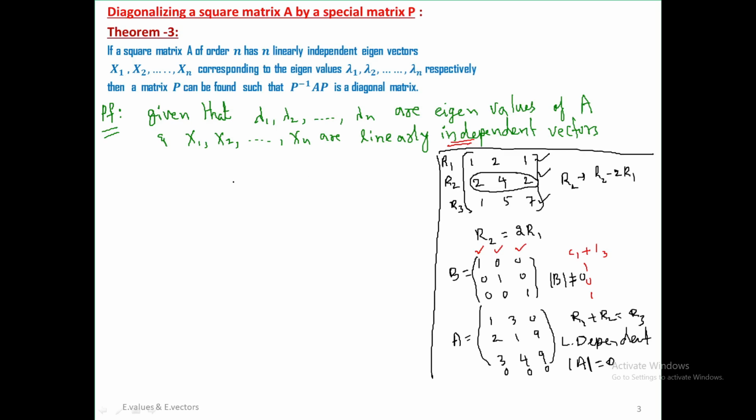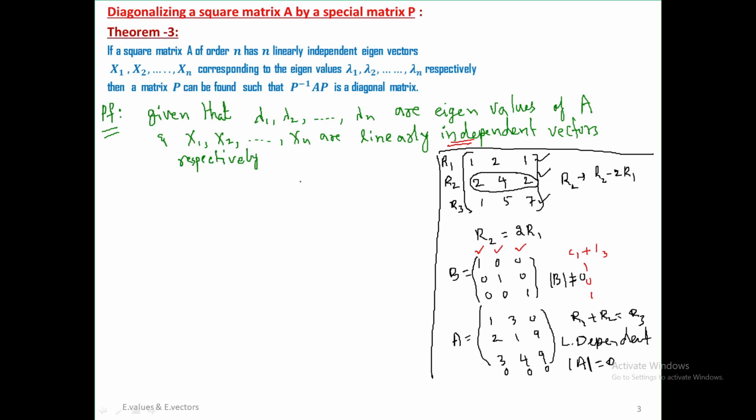Now look at what is given to us. N eigenvalues and n eigenvectors, independent vectors, are given to us respectively. So these are the n linearly independent vectors.